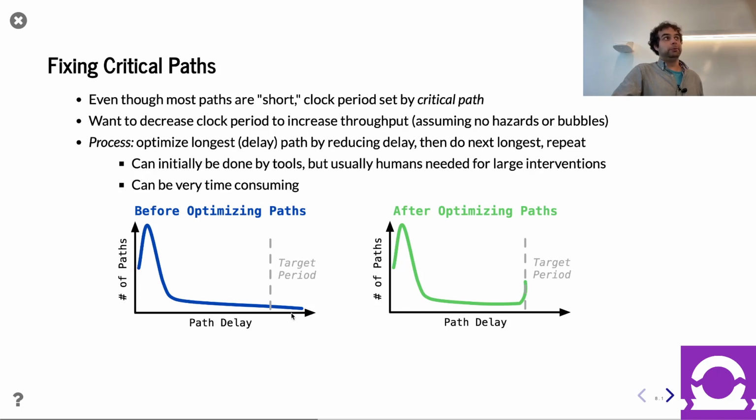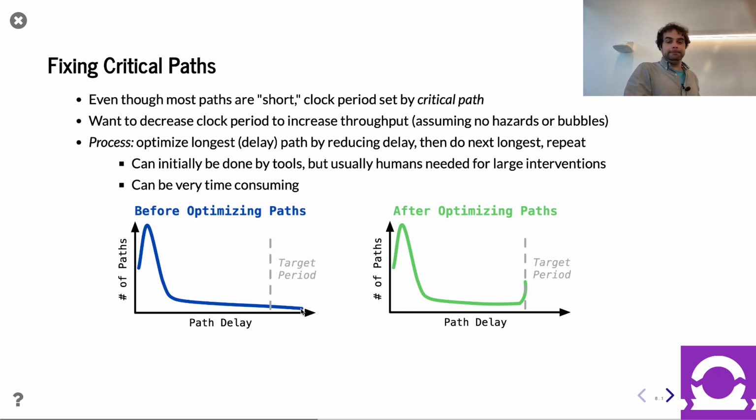There are some commercial tools that help with attribution, but unfortunately the open source tools don't. Attribution is a common problem: knowing exactly which lines to touch to fix a certain critical path is not always obvious. It takes a little bit of thinking and reading. But however you do it, you have this process of finding the longest path, figuring out what it is, looking at your design, and changing it to reduce the delay of that path.